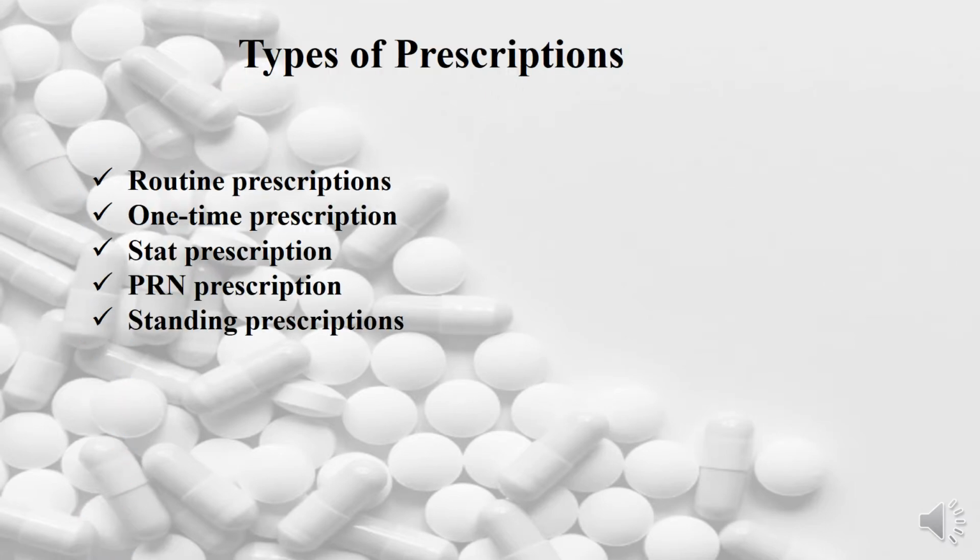We have different types of prescriptions that you will encounter when you take an order for a medication. The first kind are routine prescriptions. These prescriptions identify medications nurses give on a regular schedule with or without a termination date or a specific number of doses.